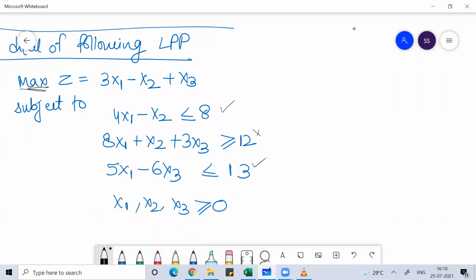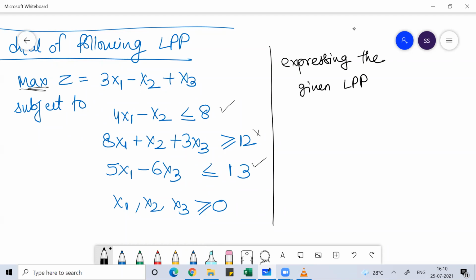So we need to write them in canonical form, expressing the given LPP problem in canonical form.